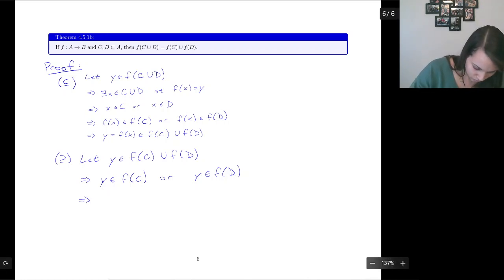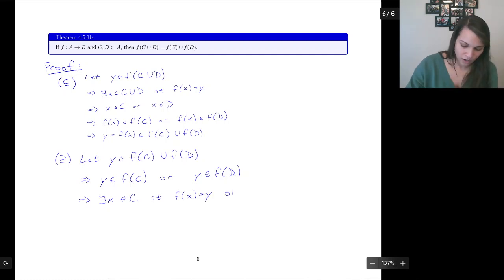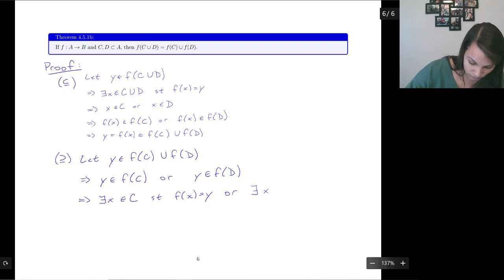So that means that there's going to exist an x in C such that f of x is equal to y, or, the or is important, there's going to exist an x in D such that f of x equals y.